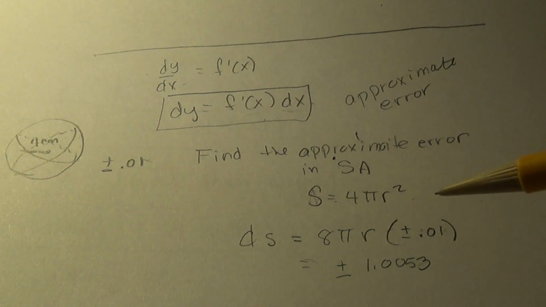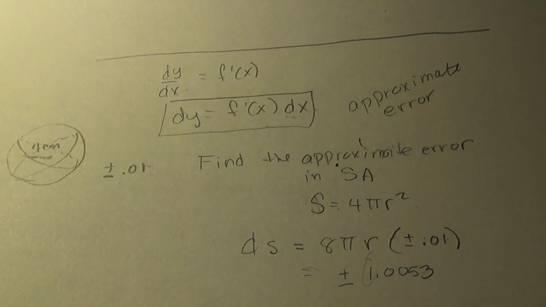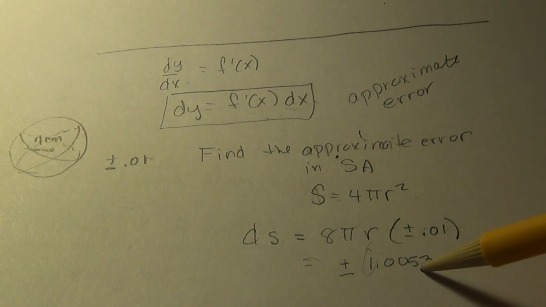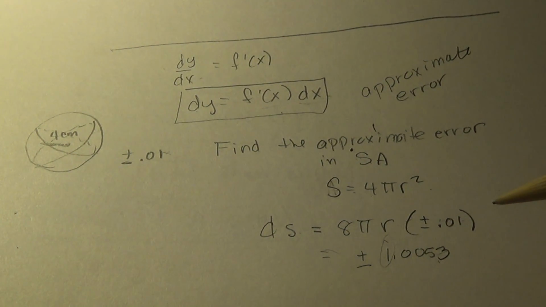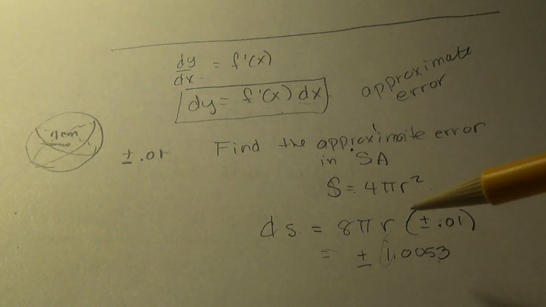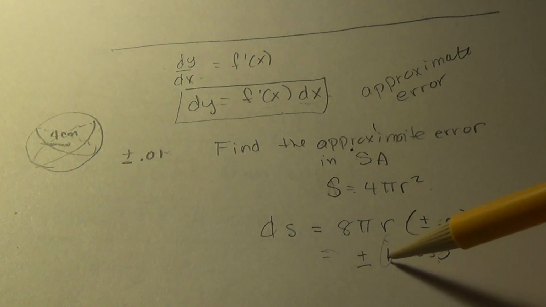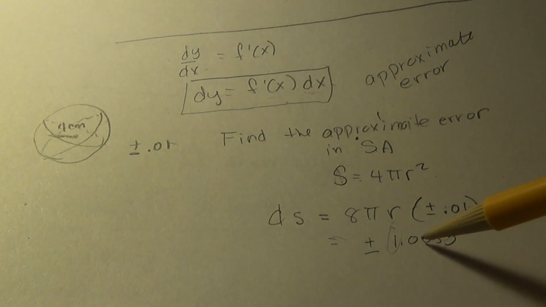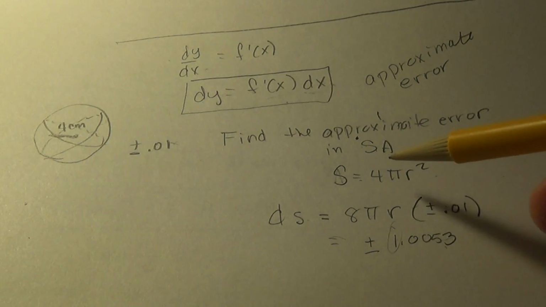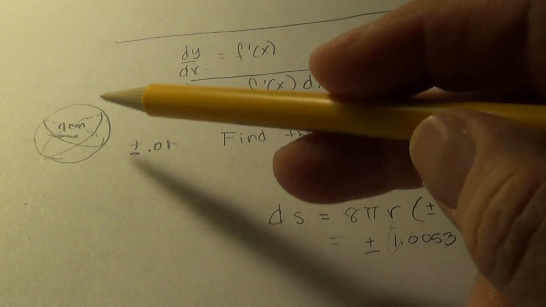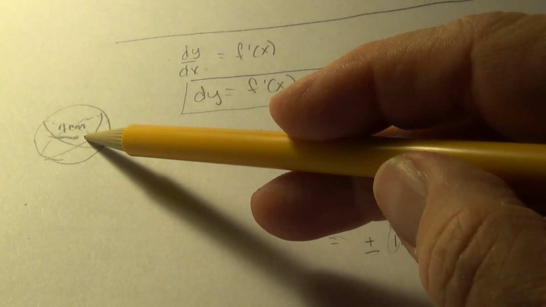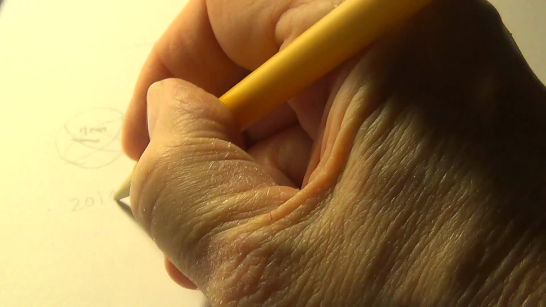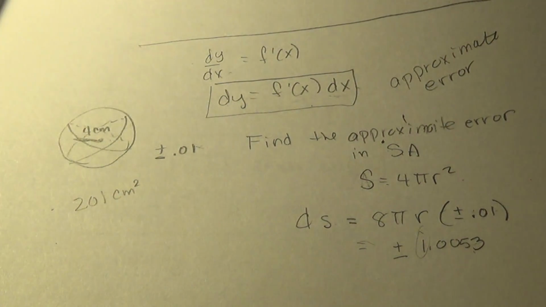So that sounds like a lot, because say this is in centimeters, that's a whole centimeter. Are you happy with doing a calculation with a sphere and finding that it could be off by plus or minus 1 centimeter? Well, it's not quite as bad as it sounds, because when you find the surface area of this sphere with radius 4 centimeters, it comes up to 201 square centimeters.